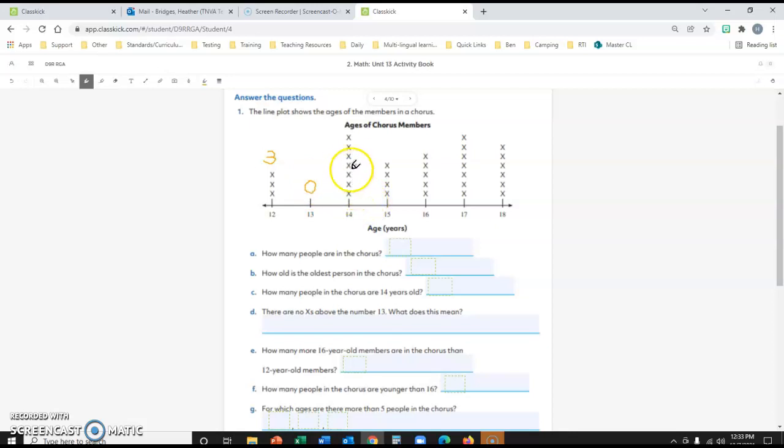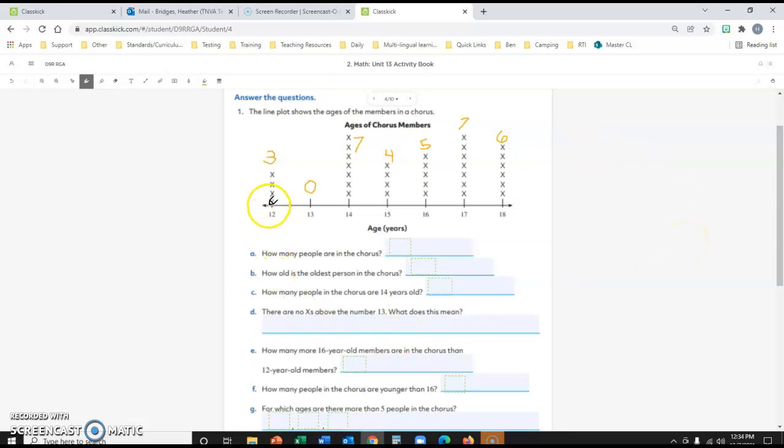There's 1, 2, 3, 4, 5, 6, 7 14-year-olds. 4 15-year-olds. 5 16-year-olds. There are 7 17-year-olds. And 1, 2, 3, 4, 5, 6 18-year-olds.